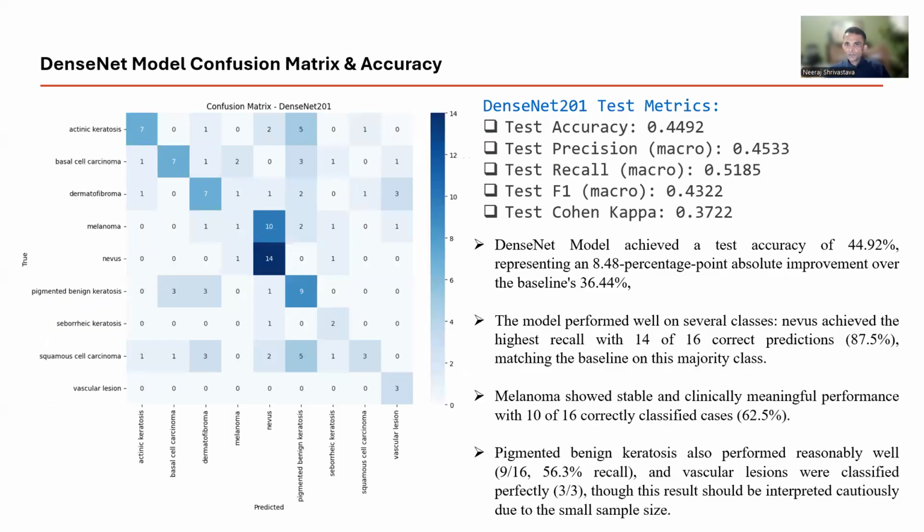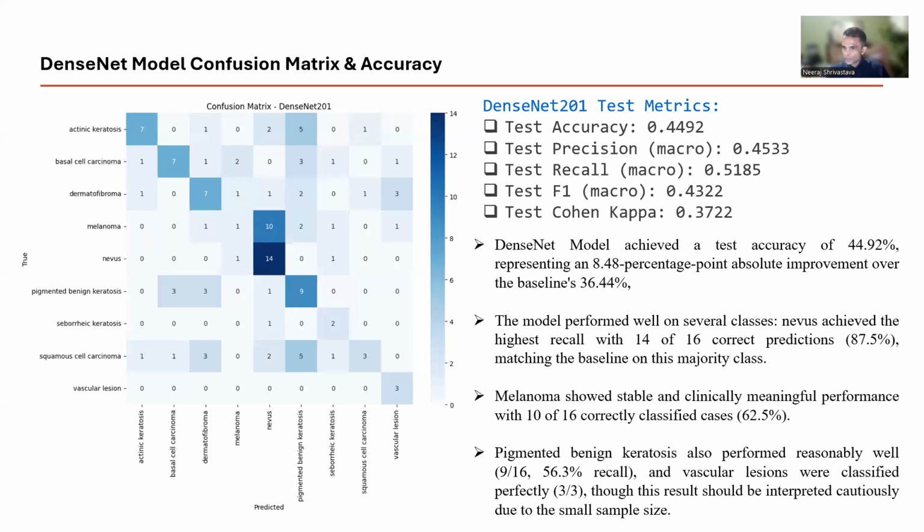Now, DenseNet confusion matrix and accuracy. The DenseNet model achieved a test accuracy of 44.92%, which is still better, an 8.48% absolute improvement over the baseline 36.44%. The model performed well on several classes. Nevus achieved the highest recall with, as you can see, 14 out of 16 correct predictions.